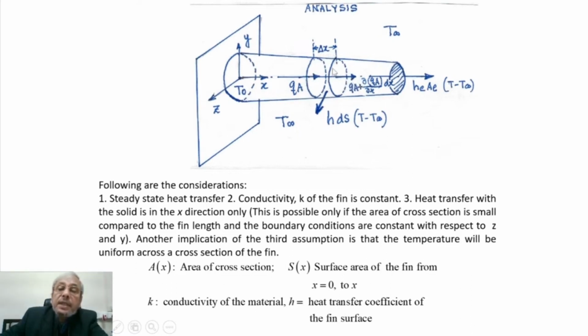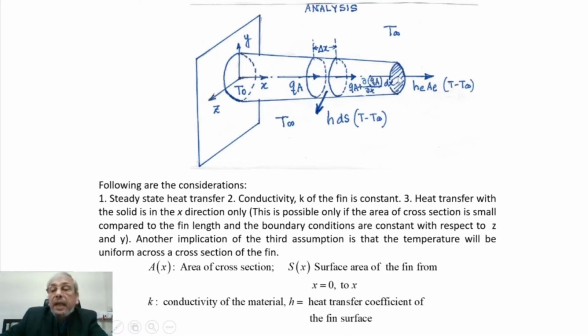That difference is basically taken away by the surrounding fluid in the form of convection, and that is given by h, the convective heat transfer coefficient, times dS, the area of interest, times (T minus T infinity), where T is the local temperature and T infinity is the ambient temperature.